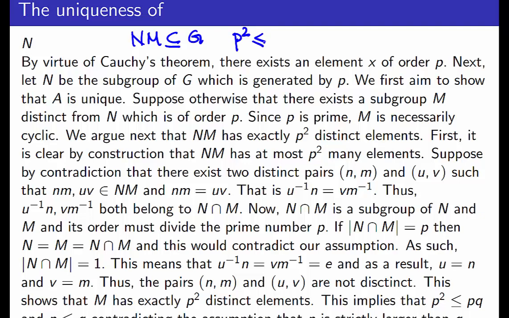So p squared has to be less than or equal to pq. Dividing by p on each side will imply that p is less than or equal to q. However, this will contradict the assumption that p is strictly larger than q. Okay, thus N must be unique.